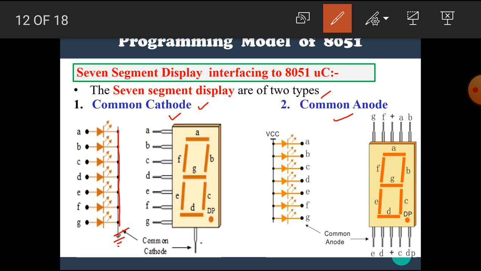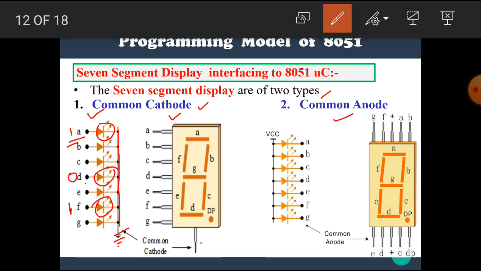If we provide 1 to the A pin, this LED is on now. If 0 is placed at the D pin, then this LED is in off state. Remember that in common cathode display, if we want to turn on a particular LED, then we have to provide it 1 or plus 5 volt.